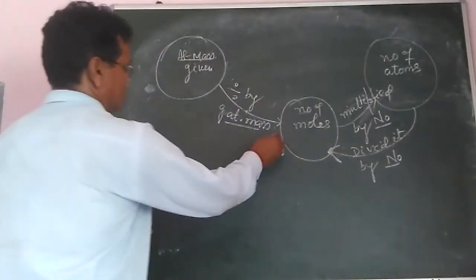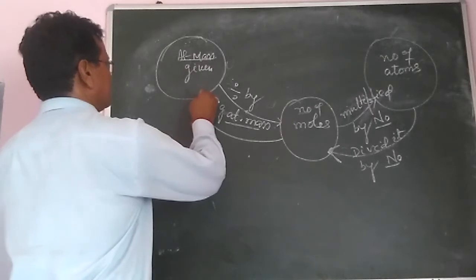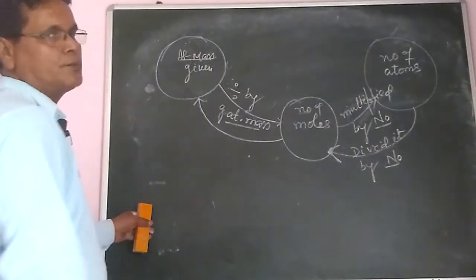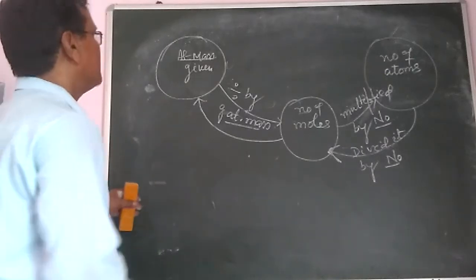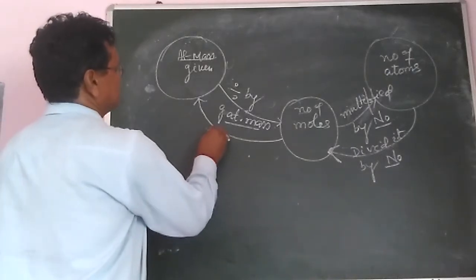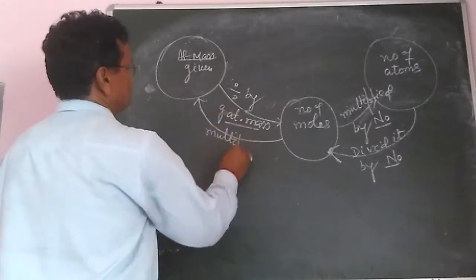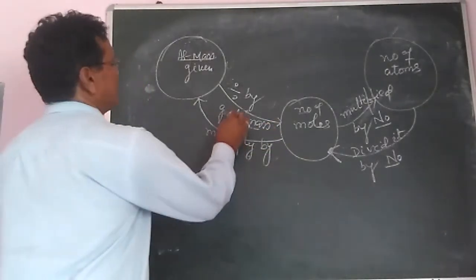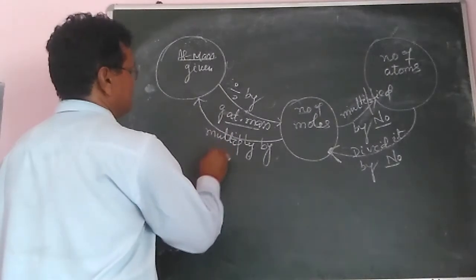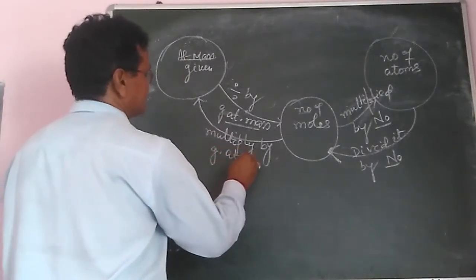And from the number of moles, if you want to find the atomic mass, you will have to multiply by the gram atomic mass.